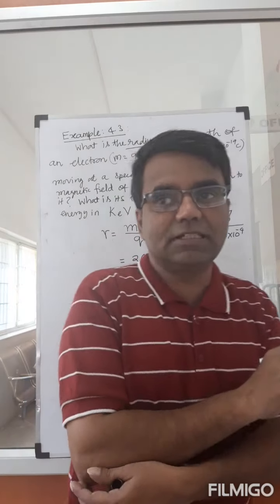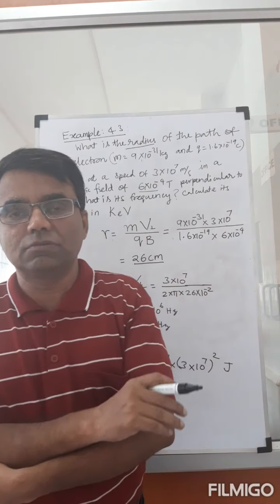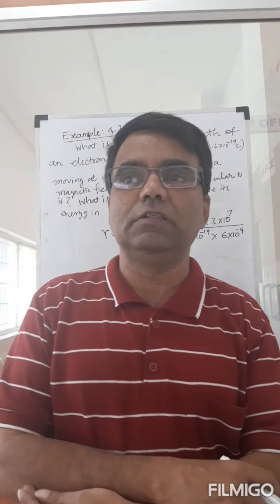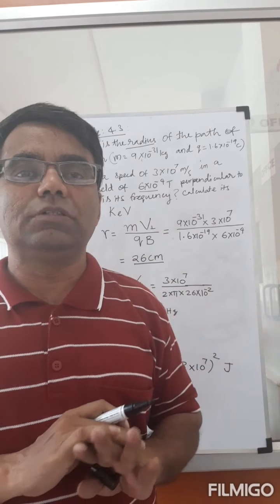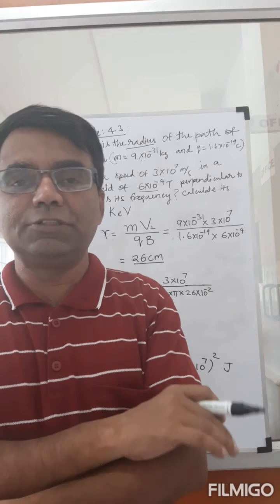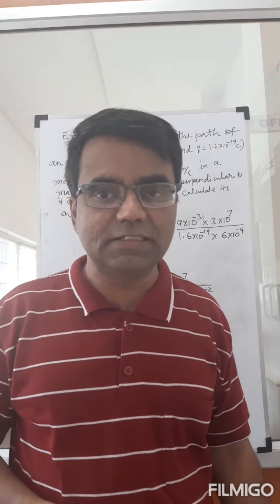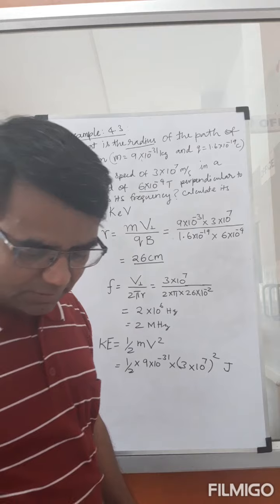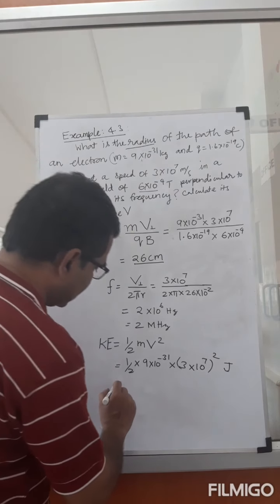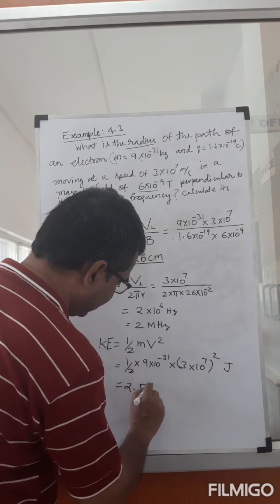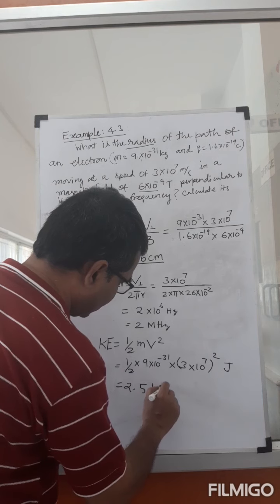And then how do you convert that into electron volts? Then you divide that by 1.6 into 10 to the power minus 19, and finally you get the value, it's going to be 2.5 kilo electron volt.